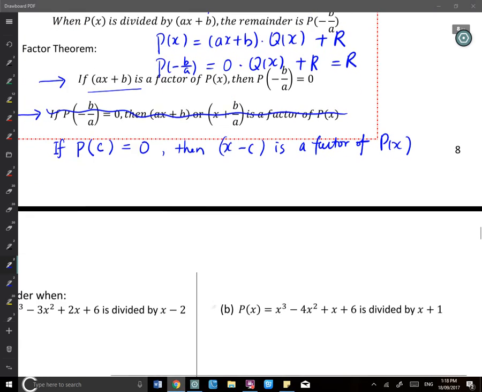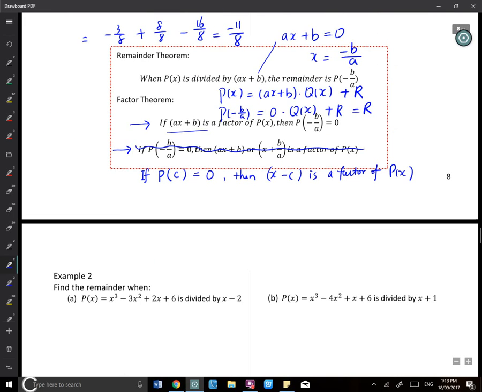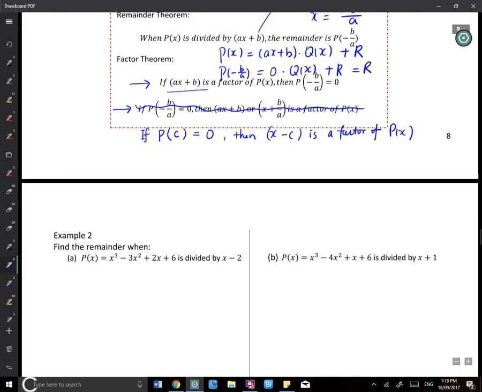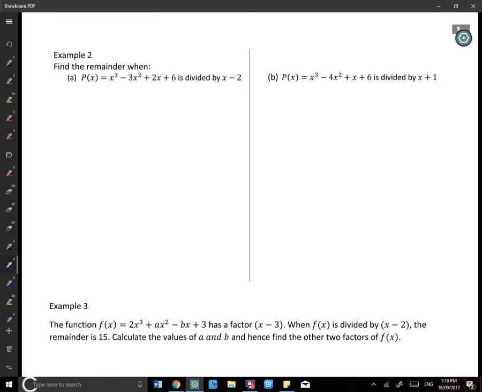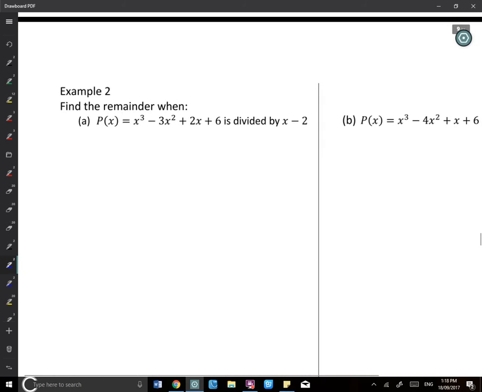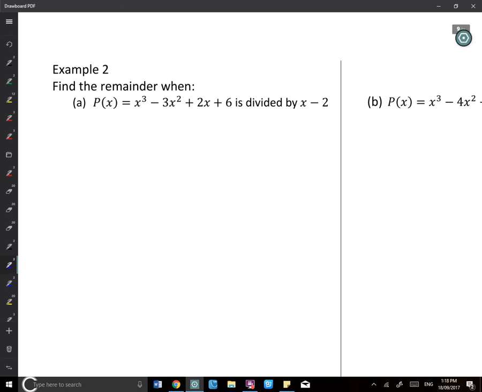Alright, let's have a look at some questions. It can make understanding better. This one says, find the remainder when p(x) is divided by x minus 2. I haven't asked you to find anything else.